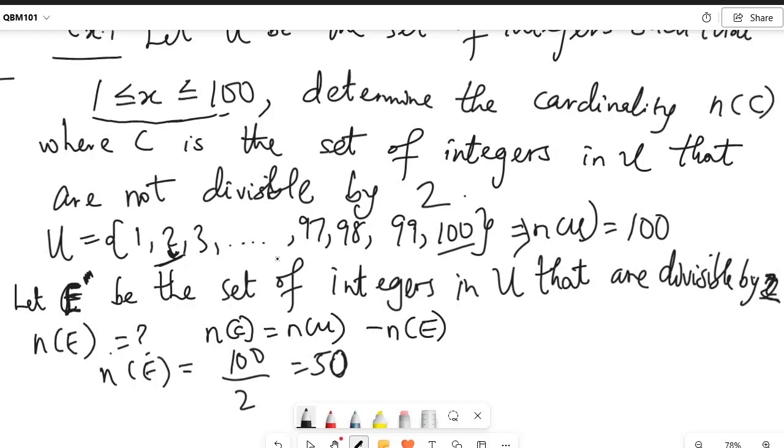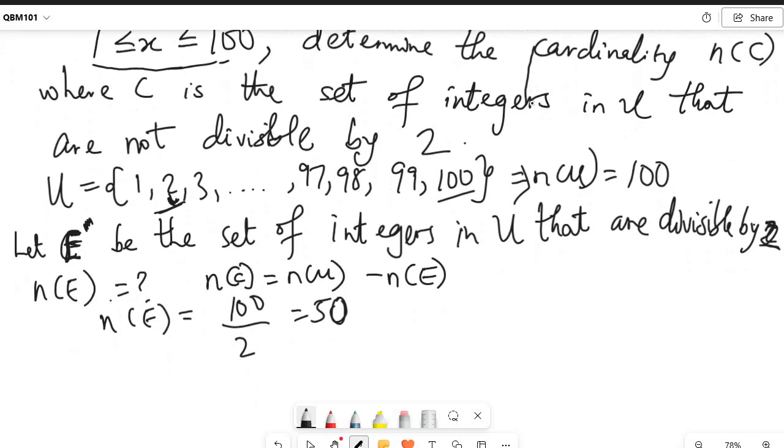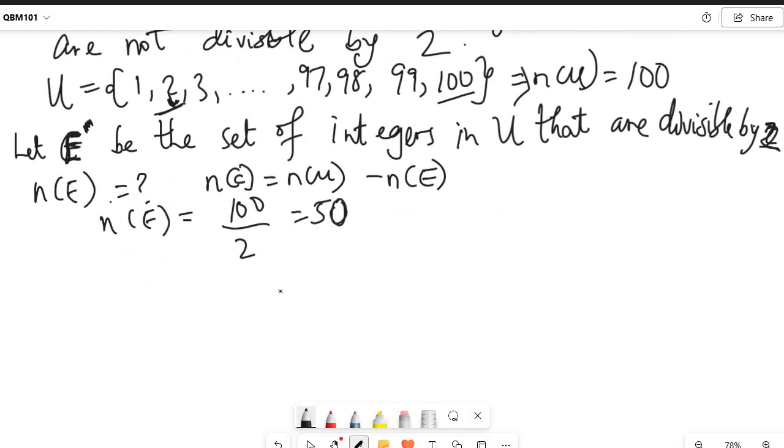Now if you don't agree, let's use sequence and series, which we've not discussed. We are here to discuss that in our lesson, but let's quickly use sequence and series. I believe that you might have known sequence somehow from secondary school, because I believe I'm speaking to advanced mathematics students. Okay, so let's look at this.